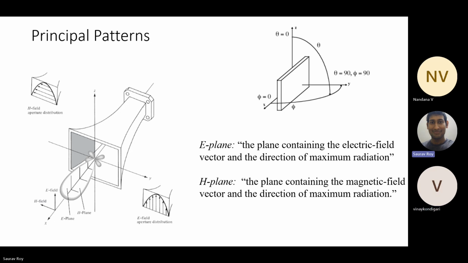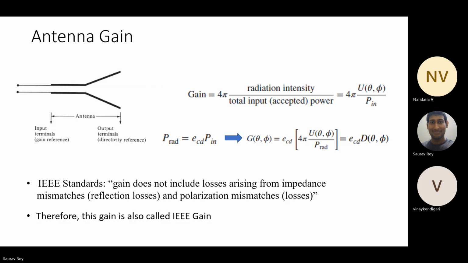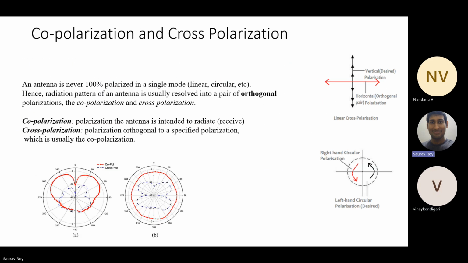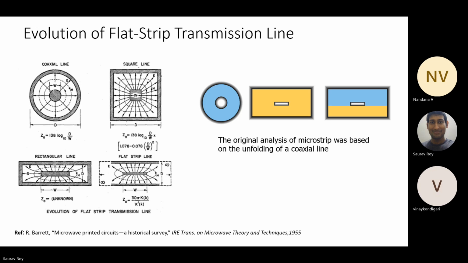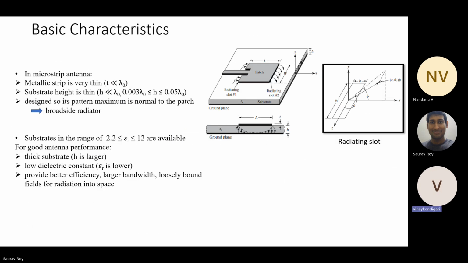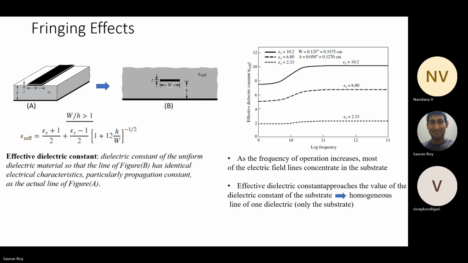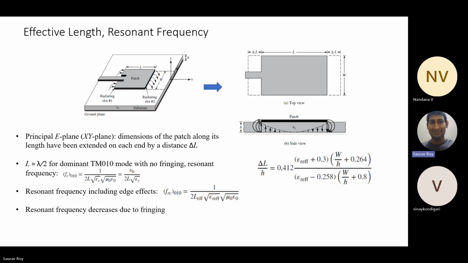But now we'll go to the patch. Now you should tell me from this definition, you must remember. Let's go back there and tell me how the E plane and H plane come there. Now tell me, for our patch antenna, what should be the E plane and what should be the H plane, and why.